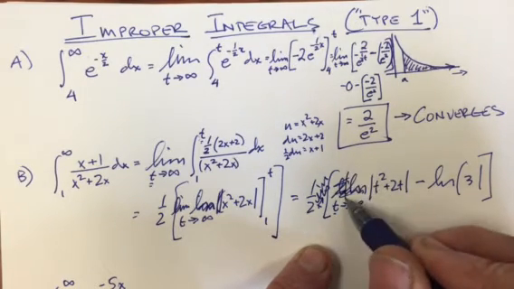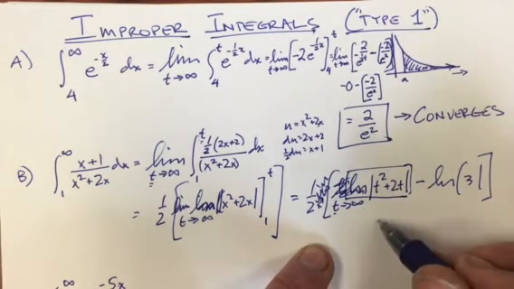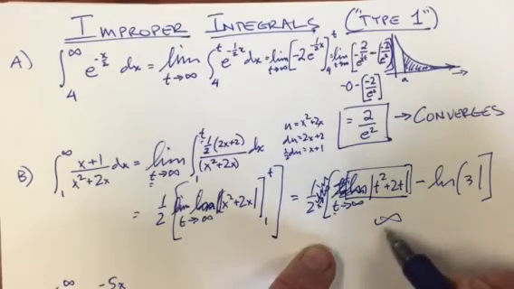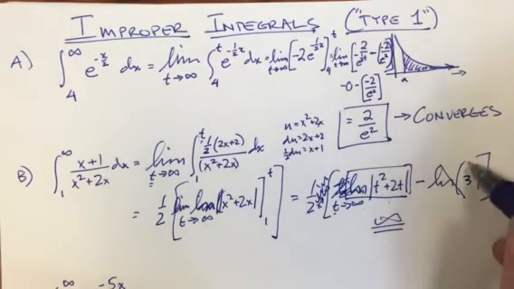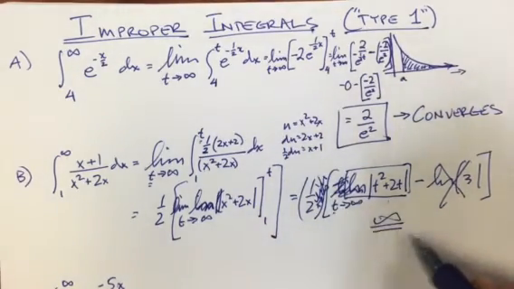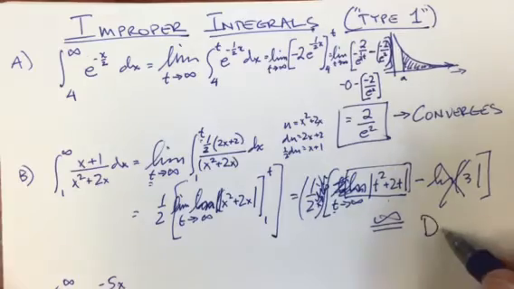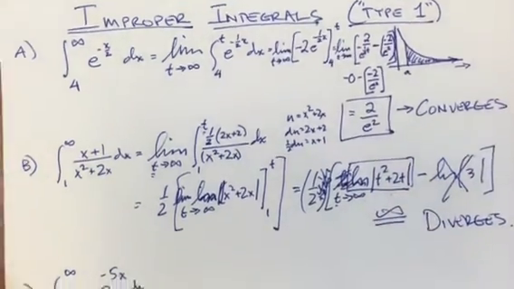Even though taking the log of a number going to infinity slows it down a bit, it still goes to infinity. And at this stage, you just stop, because once one part of it goes to infinity, it does not matter that this is finite. It does not matter that we're taking 1/2 of infinity. It's still infinity, so it diverges. All right, sorry to make a mess of that, but that is the way it works out sometimes.